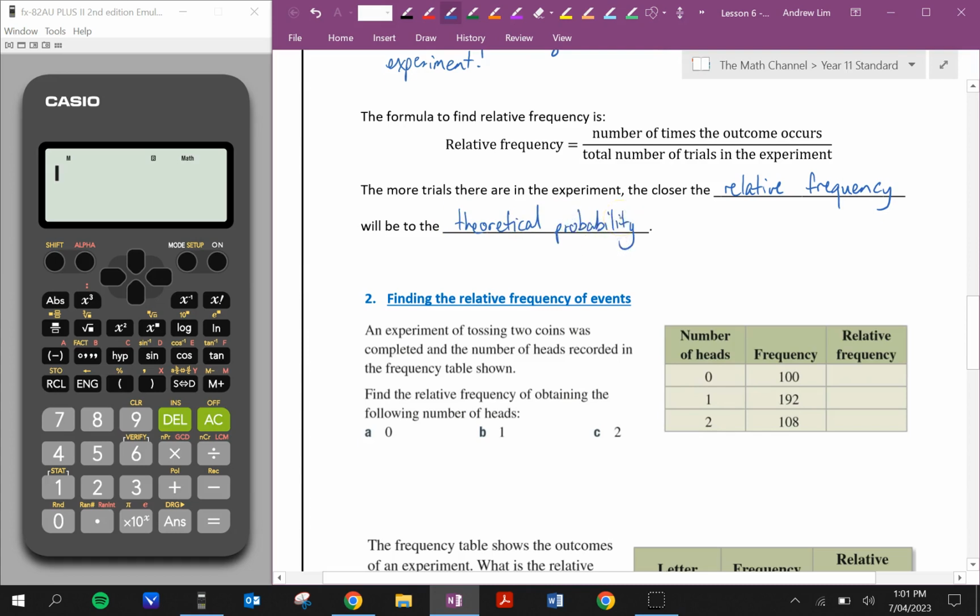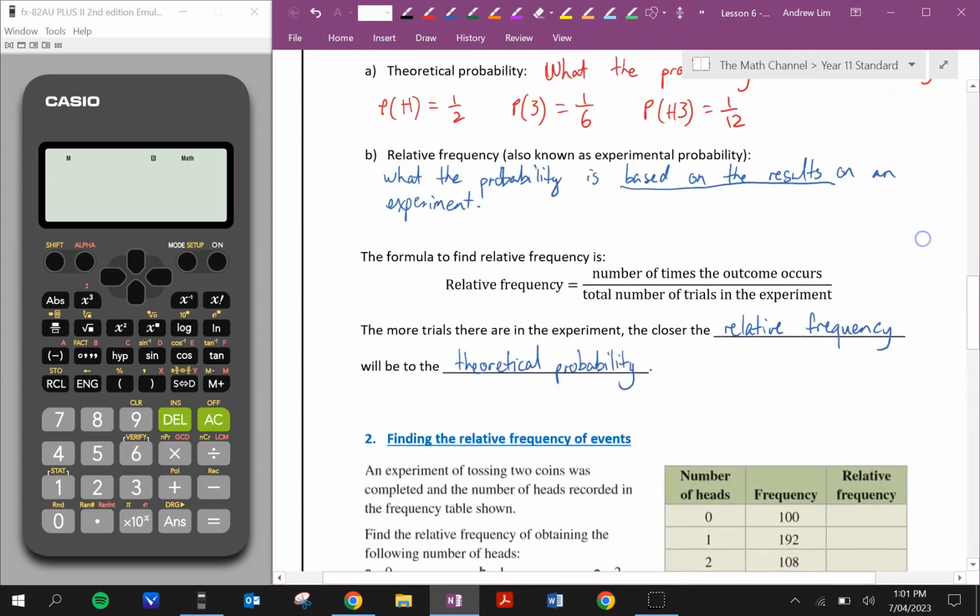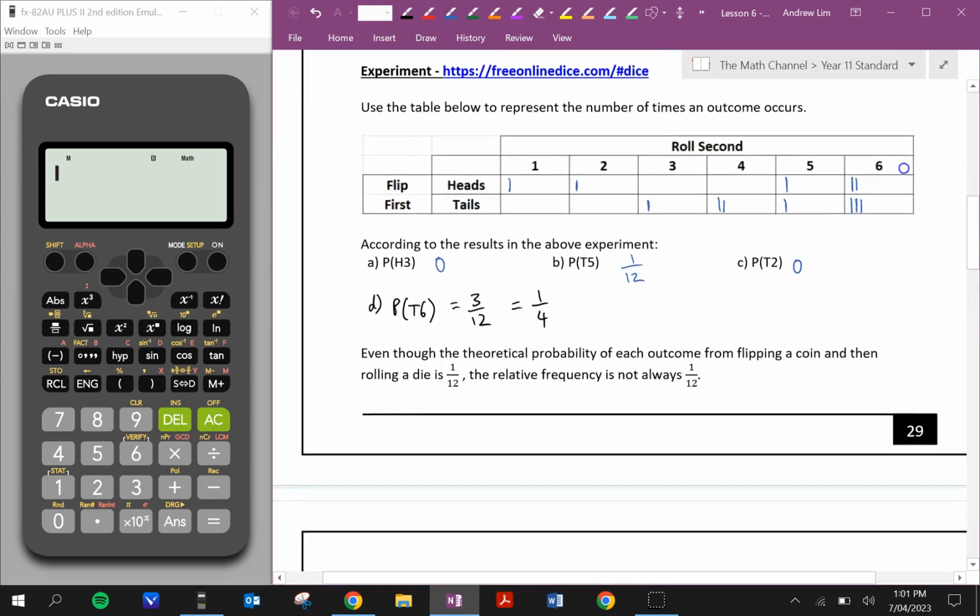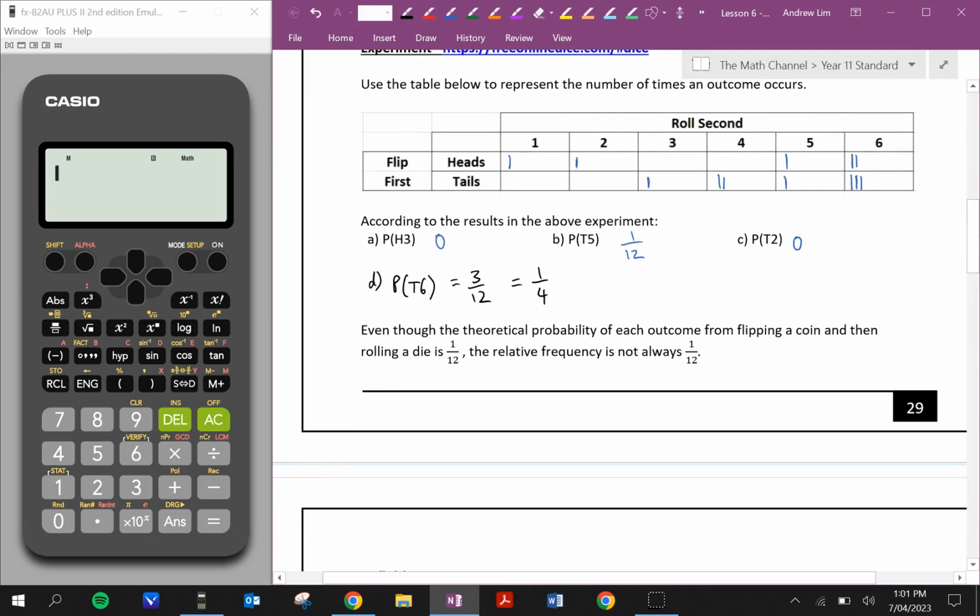Alright, so I know I conducted that experiment 12 times. But if I were to scroll back up, what would happen if I actually conducted this experiment 100 times, 1,000 times, 1,000,000 times?